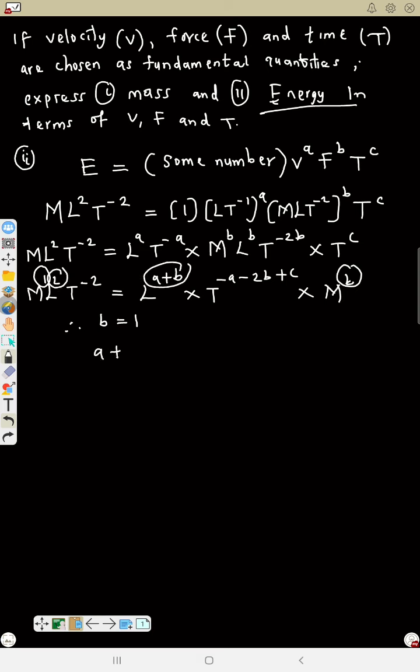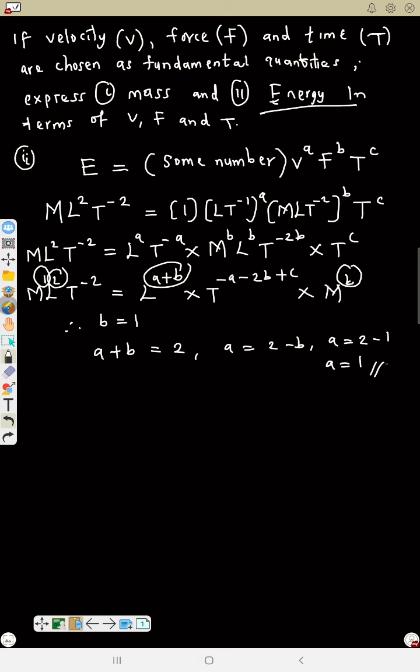That means a plus b is equal to 2. And we know b as 1. So that means a is equal to 2 minus b. That means a is equal to 2 minus 1. So we can easily know that a is also 1.